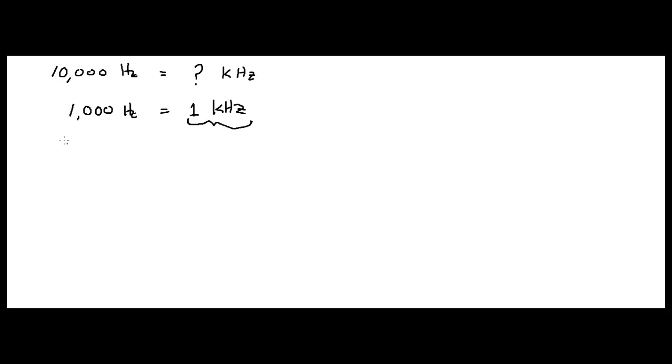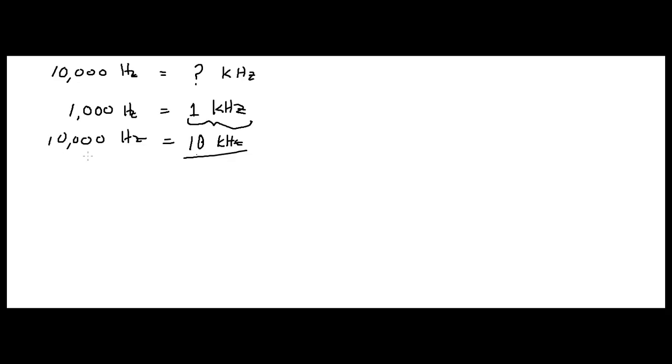So obviously, 10,000 hertz is going to equal 10 kilohertz. Okay? Pretty straightforward. Now look, just think about it. If you have 20,000 hertz, 30,000 hertz, 40,000 hertz, it's just going to be 20k hertz, 30k hertz, 40k hertz. K is 1,000. Pretty straightforward, right?